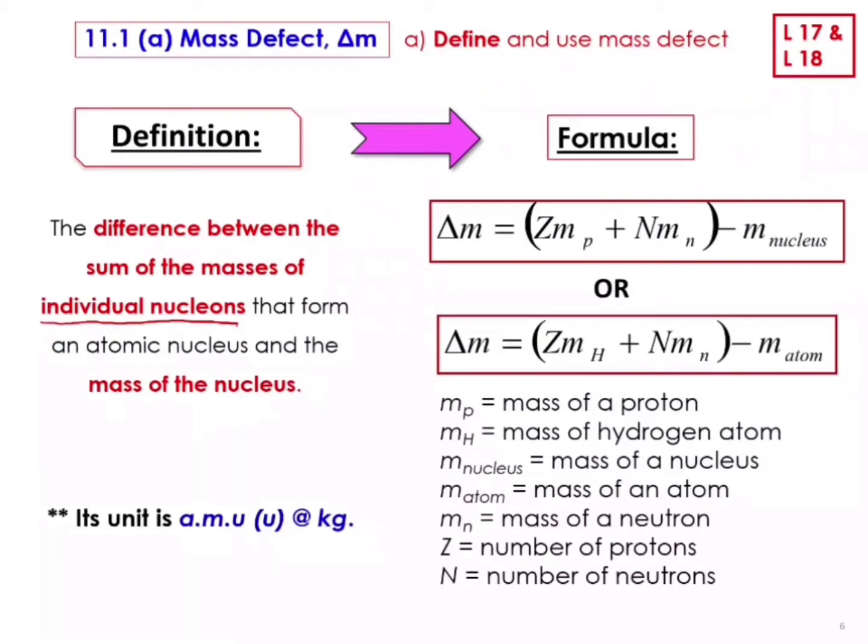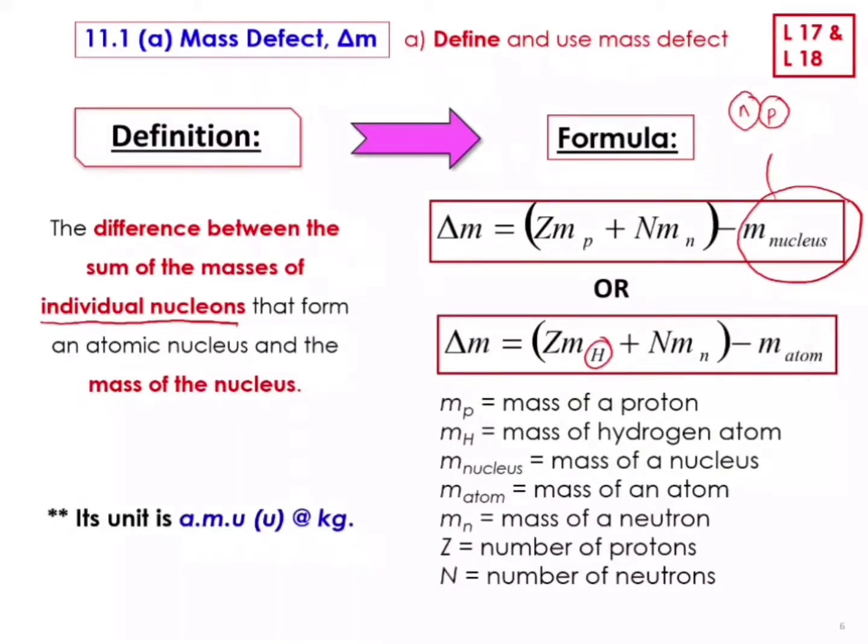So actually we have two formulas to find the mass defect. The first is Z M P plus N M N minus mass of nucleus. So it can give two situations. Either we can use the mass of nucleus. Which is the nucleus? Remember, the nucleus is the combination of neutron and proton that sit inside the nucleus. The second one is delta M, which stands for mass defect. Mass defect equal to Z M H, mass of hydrogen, plus N M N, mass of neutron, minus the mass of atom.